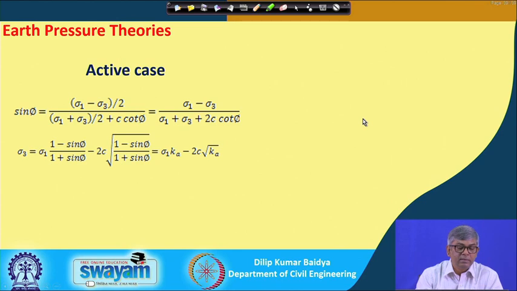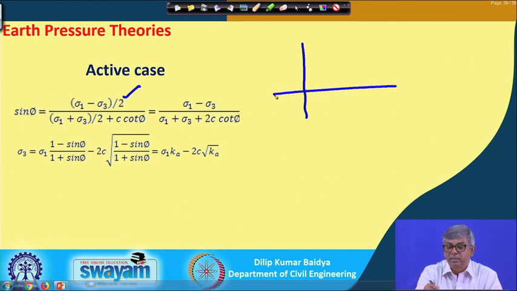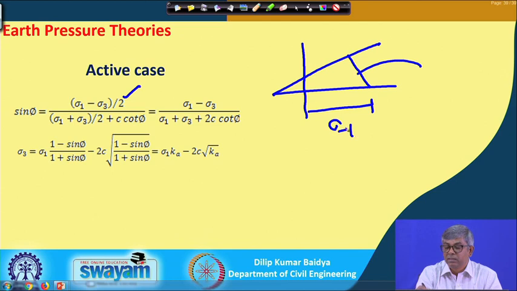You can see here that we have expressed sin phi as the radius divided by the hypotenuse. If I draw the diagram, the radius is this, this distance is sigma 1 plus sigma 3 by 2, and this was c cot phi.